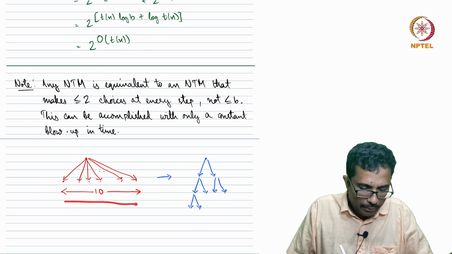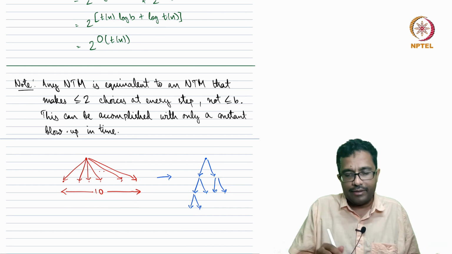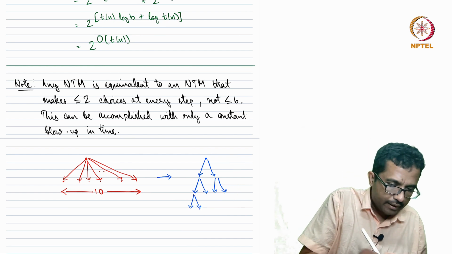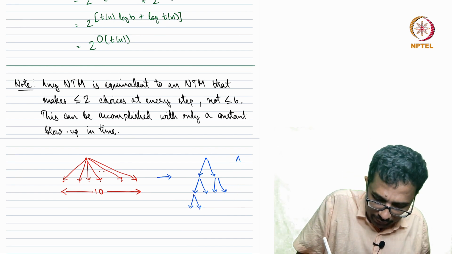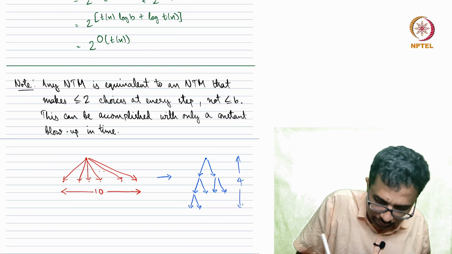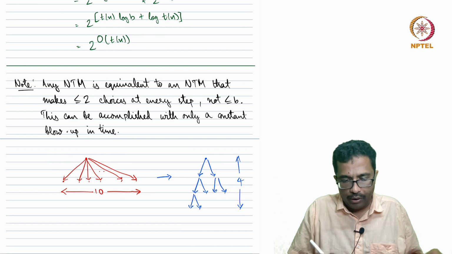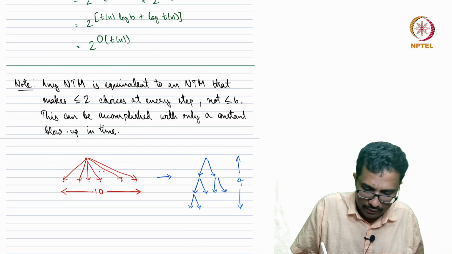Now to build a tree with 10 leaves, the height required is 4. So the height required will be 4. Here I think I have marked 5 leaves, so maybe one more level we need to mark.